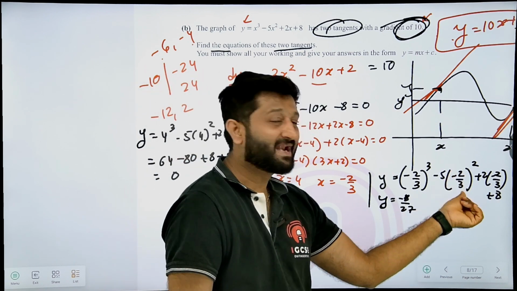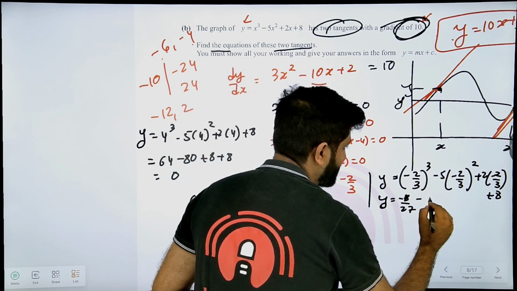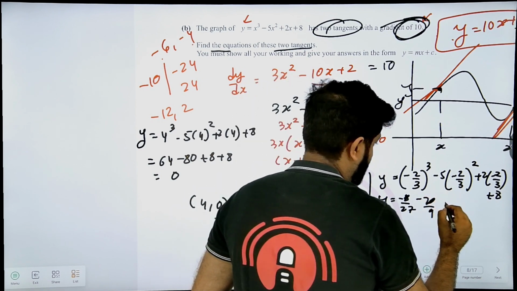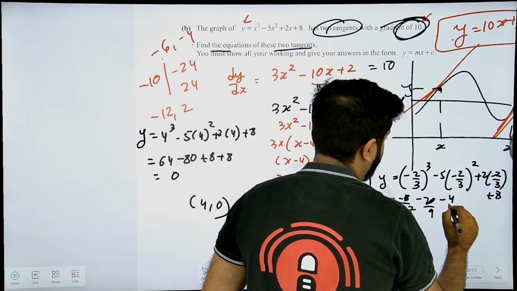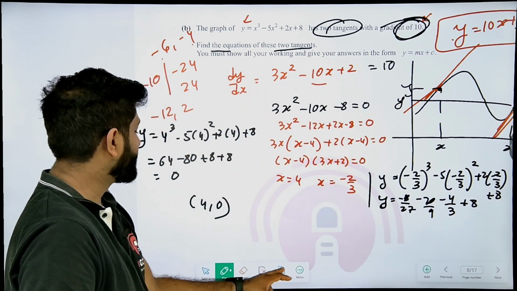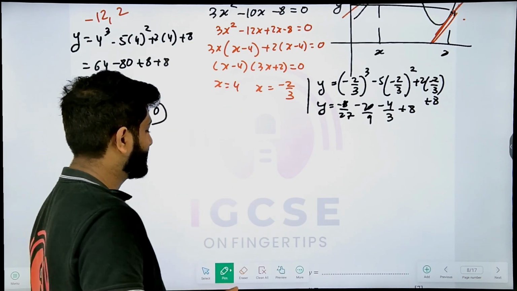This is 4 by 9. And you multiply with minus 5, so you have minus 20 by 9, then again minus 4 by 3 plus 8. Right, I'll have to simplify this further by taking the LCM.